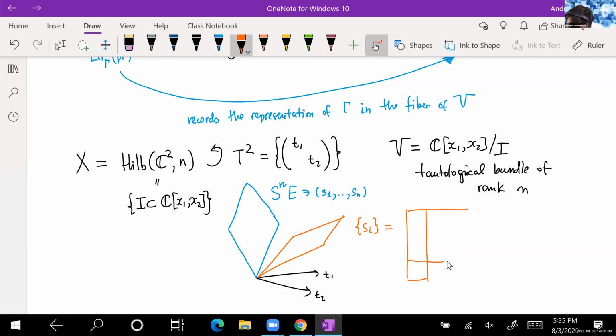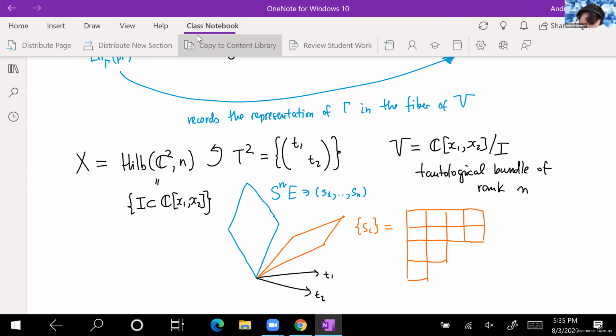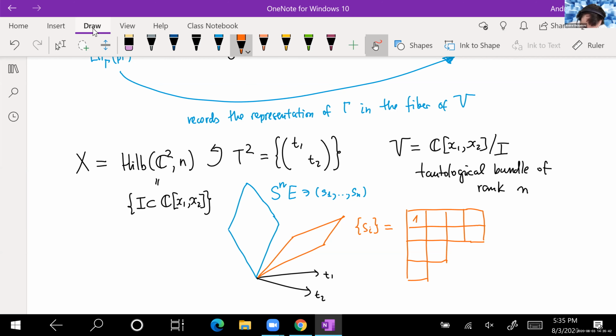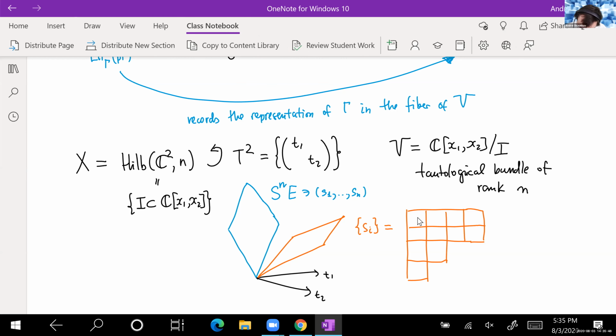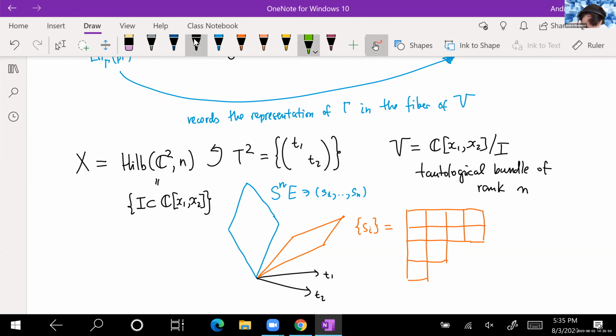That fixed point will look like 1, T1 inverse, T2 inverse, T1 minus 2, and so forth.